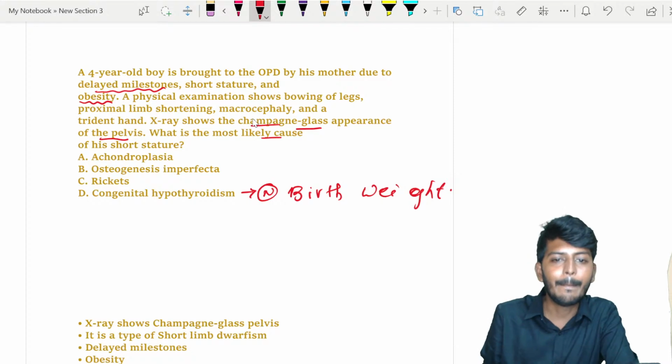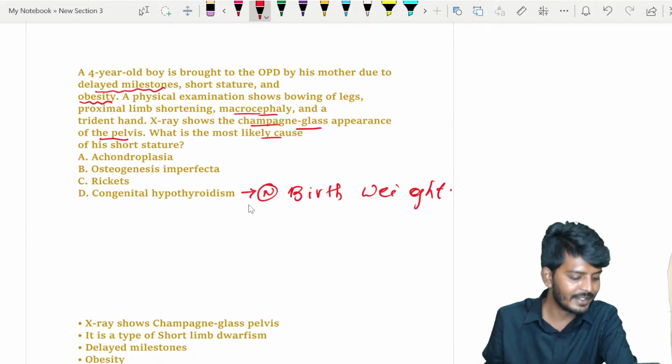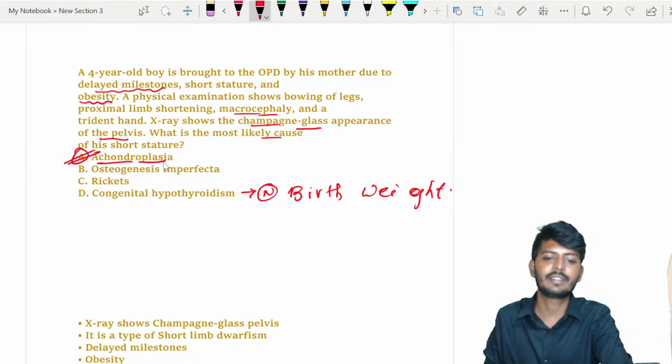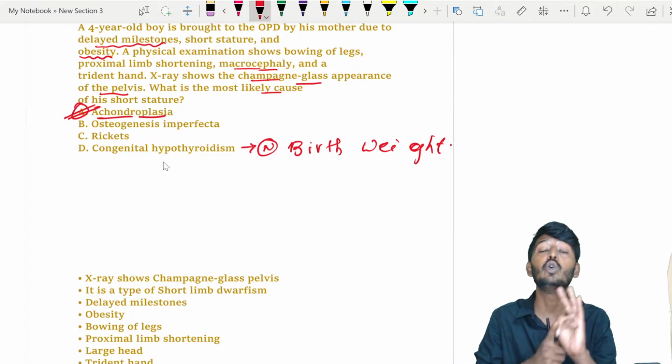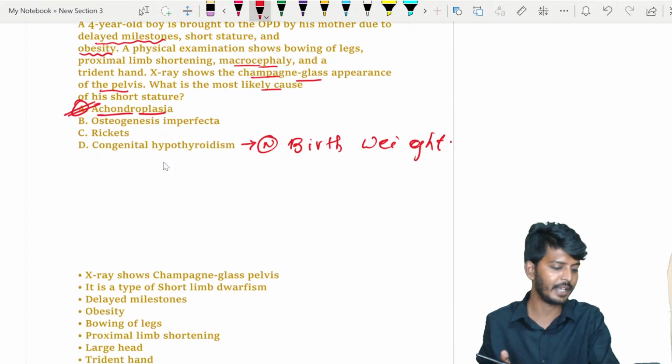Here macrocephaly is there, and trident hand. So this is not a case of osteogenesis imperfecta, it is a case of achondroplasia. When we are speaking of osteogenesis imperfecta, there will be recurrent fractures and blue color sclera, which will be given to you. Okay, answer is A.